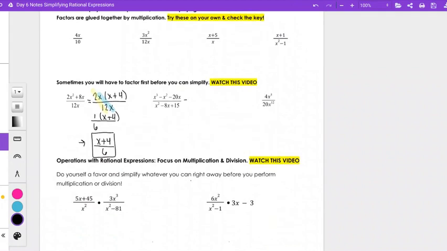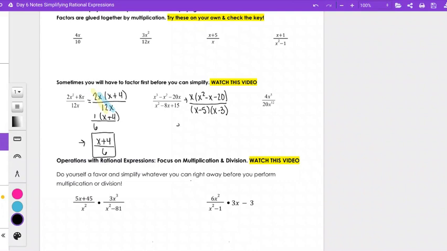In the second example, we notice that the numerator has an x in common, so we can go ahead and factor out x. That would leave us with x squared minus x minus 20 all over this quadratic trinomial in the denominator. Two values that multiply to 15 and add to -8 would be x minus 5 times the quantity x minus 3.